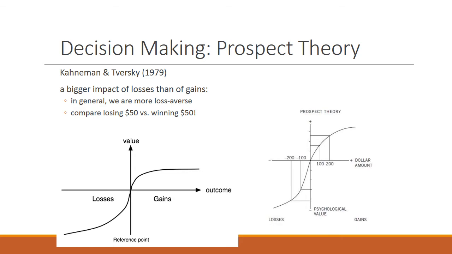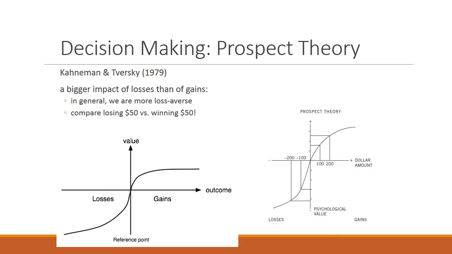What's also interesting is that as you move further away from the y-axis, either in the negative direction or the positive direction on the x-axis, the total dollar amount, the differences between dollar amounts become less and less. If you look at the difference between winning $0 and winning $10, there's a great increase in psychological value there. Winning $10 feels a lot better than winning $0.